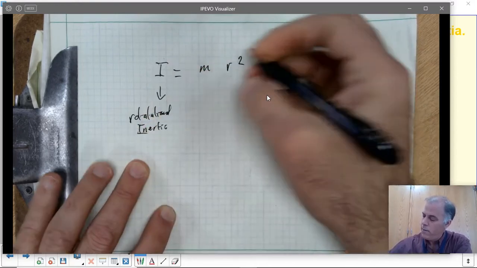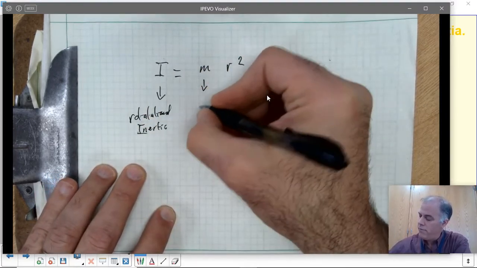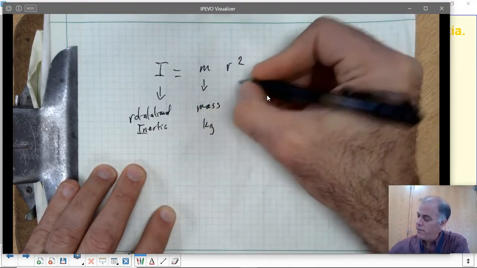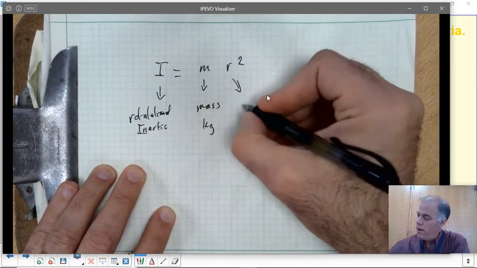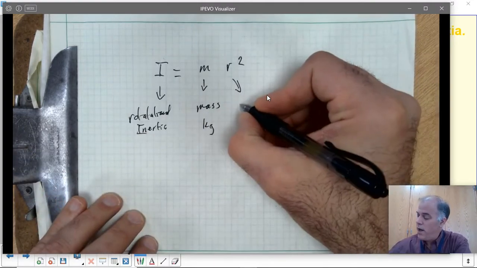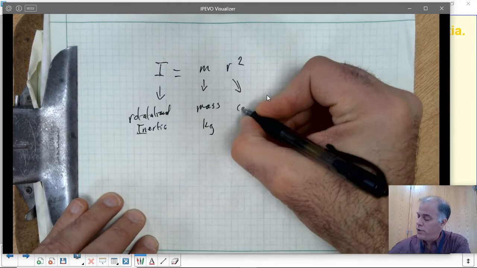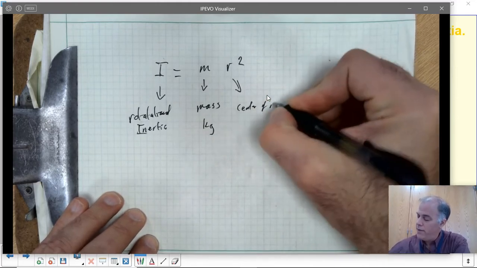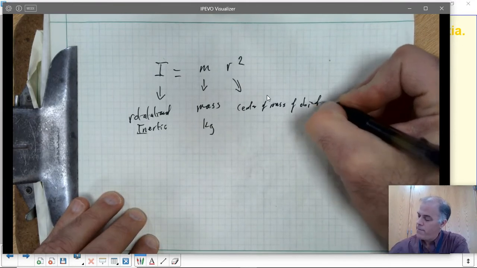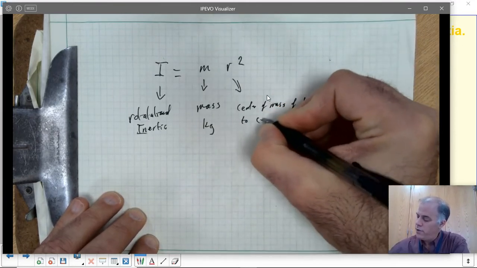M is the mass of the object, and that has to be in kilograms. And r is the distance or the radius of the object, the center of mass of the object to the center of rotation.